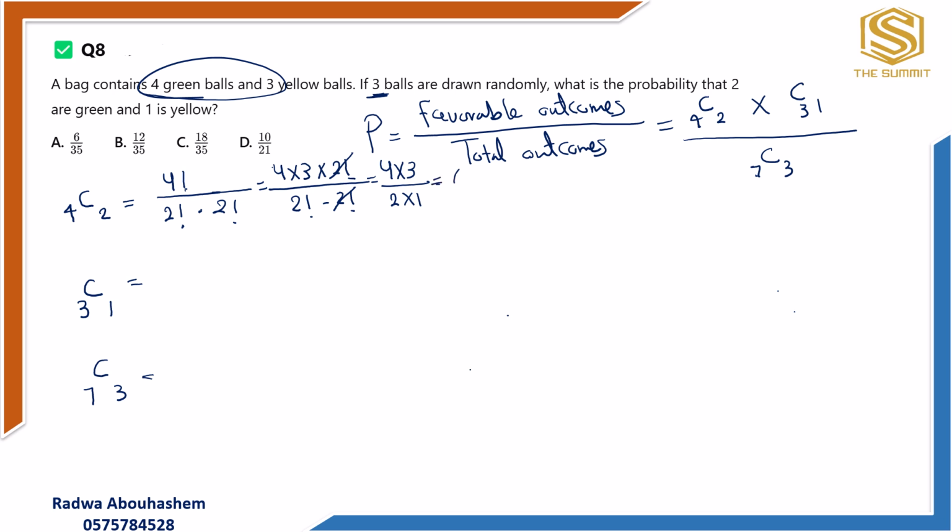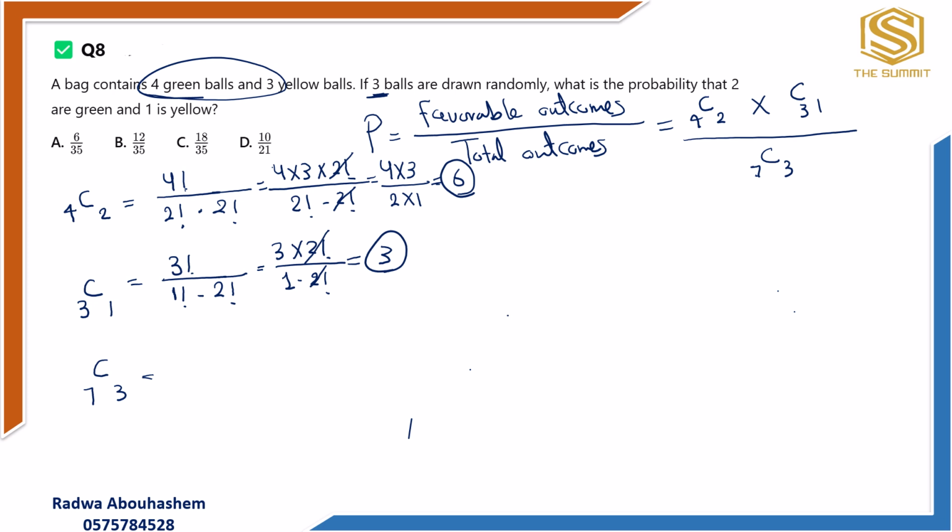So that gives me 6. Let's get the combination 3 choose 1. So 3 factorial over 1 factorial times 3 minus 1, which gives 2 factorial. So 3 times 2 factorial over 2 factorial, and here's 1. They cancel, so it's 3 here.